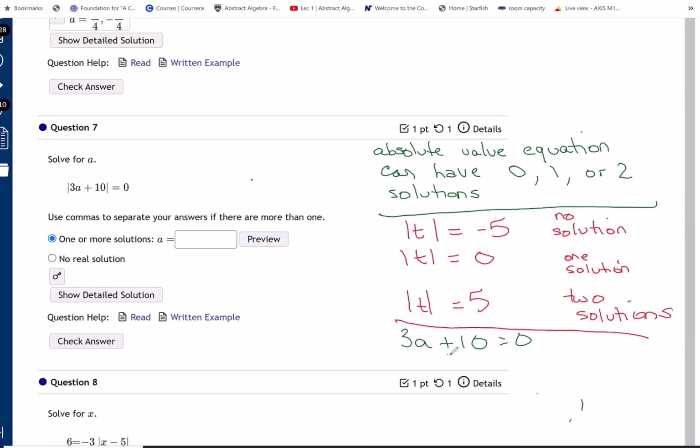I subtract 10 from both sides. I get 3a, this cancels, equals -10, because I'm subtracting 10 from both sides. I divide both sides by 3, which gives me a is equal to -10/3.